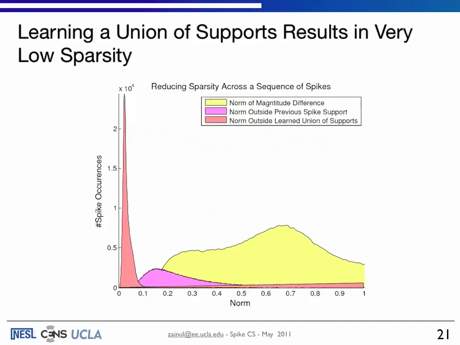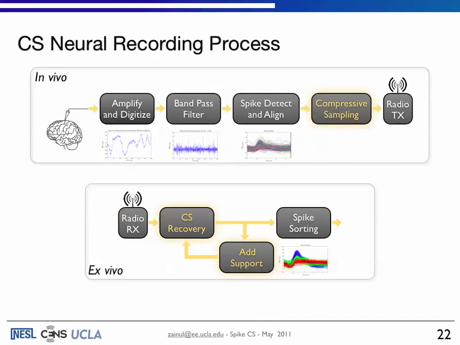So what this means is that you need to account for extra measurements only for that 3 or 4% mismatch. And so we added an additional recovery block here, which feeds back to the CS recovery.